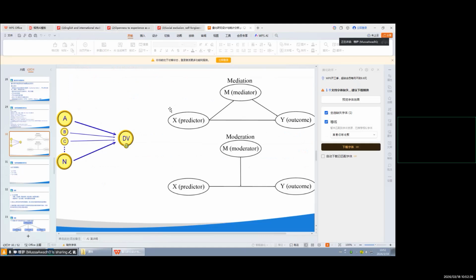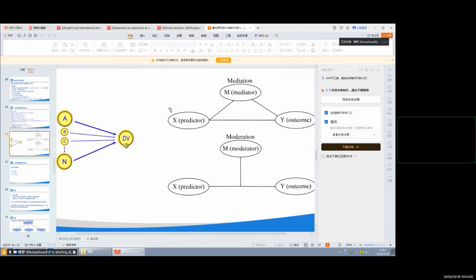They point to the dependent variable, right? So here it represents the direct, simple relationships between the independent and the dependent variables.